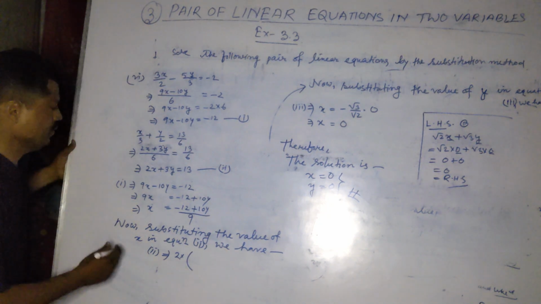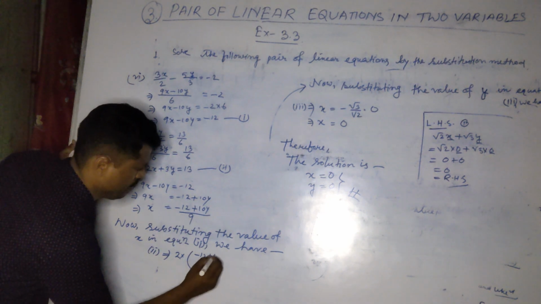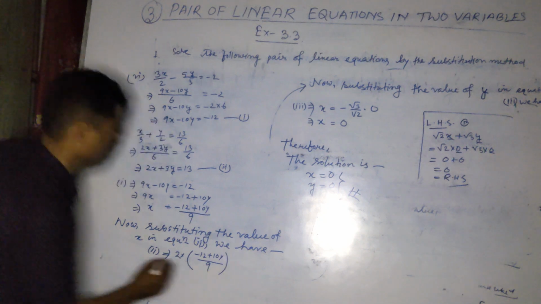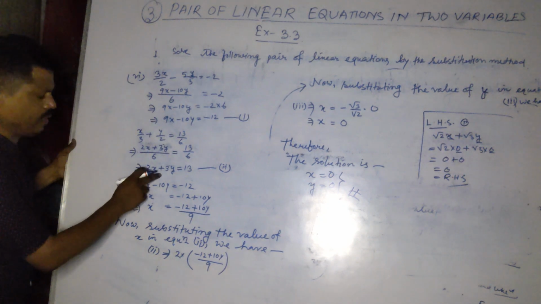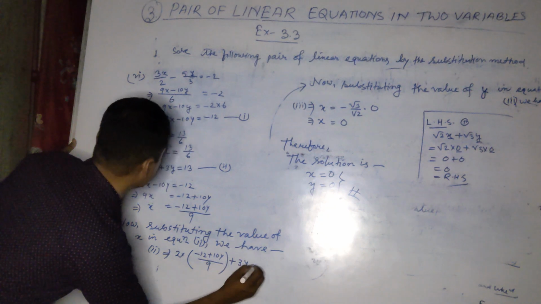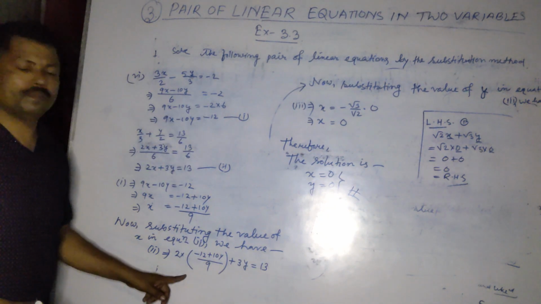The x value is minus 12 plus 10y divided by 9, and there we have plus 3y is equal to 13.